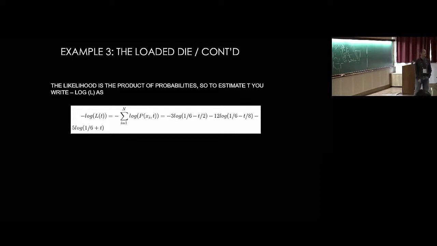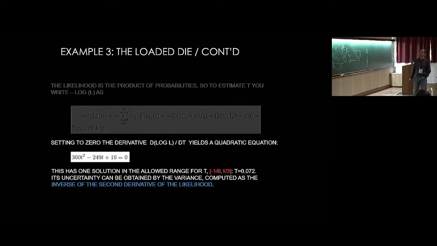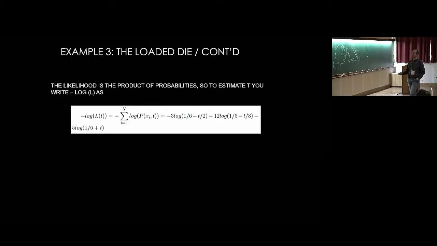Okay, so I have this expression, and I can proceed to minimize the minus logarithm, which is to maximize the likelihood. And I do this by taking the derivative of this expression with respect to t and setting the derivative to 0.